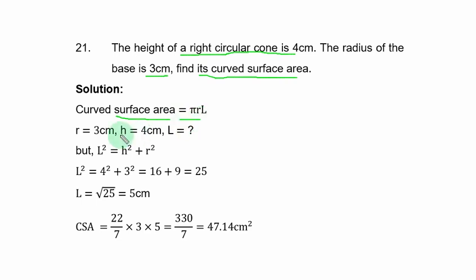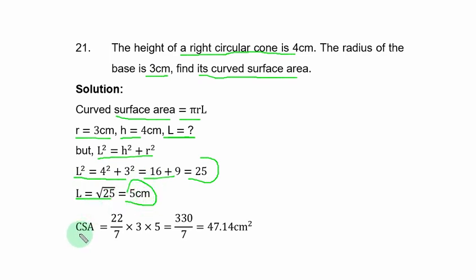From the question, radius is 3 cm, height is 4 cm, slant height L is unknown, but we have this rule which connects the three parameters. L squared becomes 4 squared plus 3 squared. That is 16 plus 9, you have 25. To get L, take the square root of both sides. In this form, it becomes 5 centimeters.